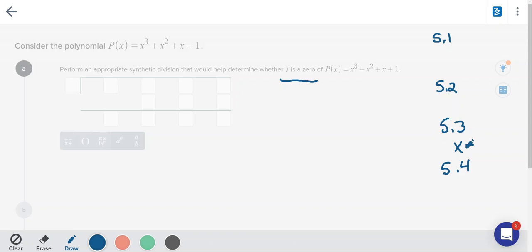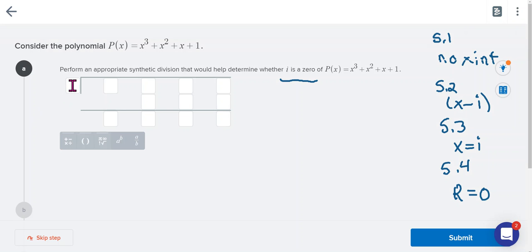If this is a 0, then this is a factor, and if I do division, I would get a remainder of 0. But because it's imaginary, there's no x-intercept, okay? So let's do the synthetic division.